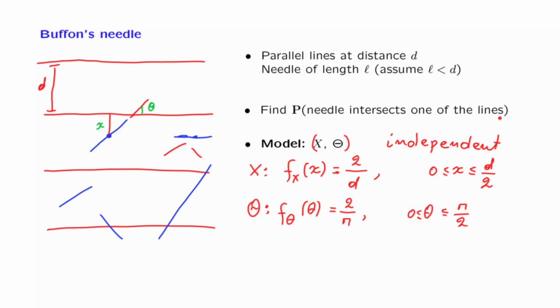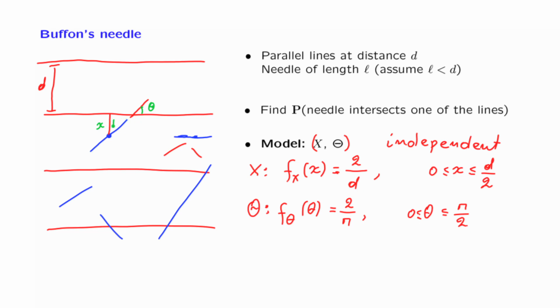So let us identify the event of interest. When will the needle intersect the nearest line? This will depend on the following. We can look at the vertical extent of the needle. By vertical extent, I mean the following.